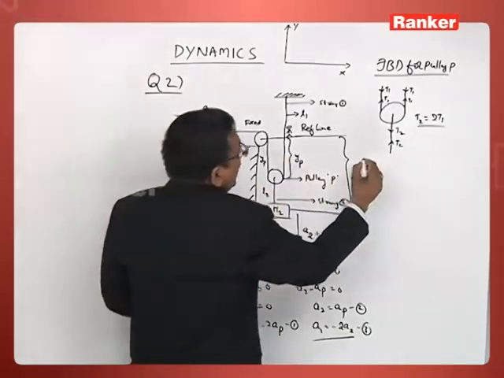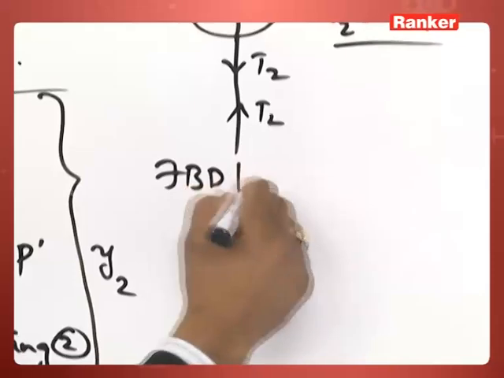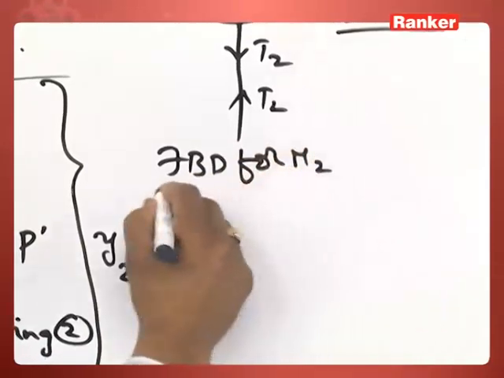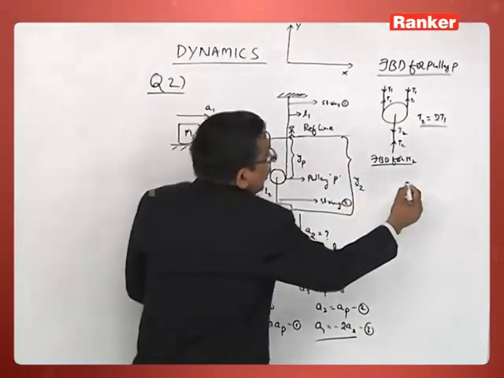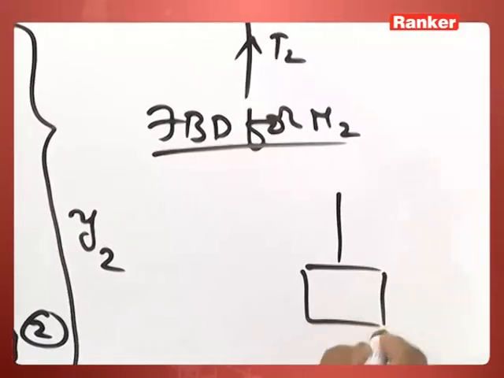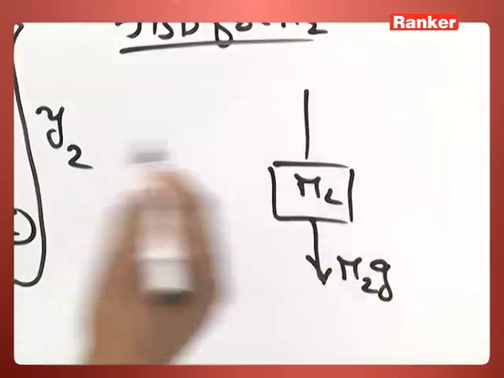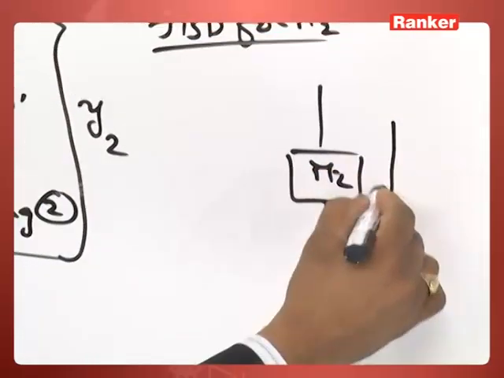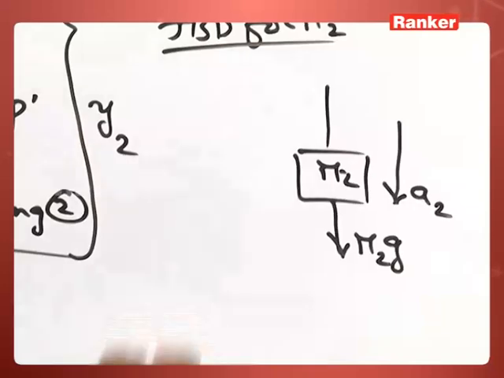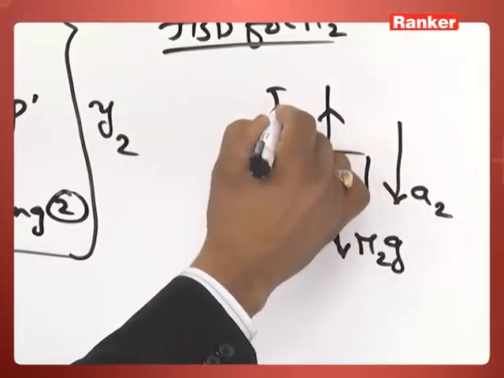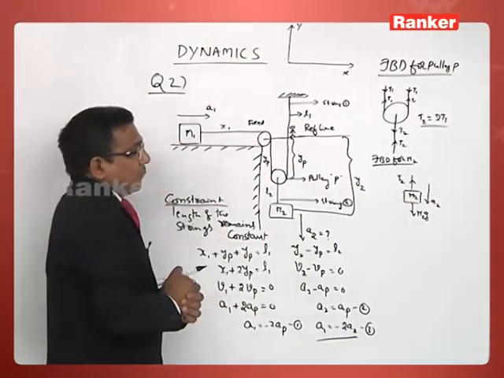Next, one more free body diagram you have to draw, the free body diagram for M2. M2 is hanging like this. This is mass M2. Its weight M2G acts downwards, as the acceleration is directed downwards, A2, and here a tension T2 is acting on M2 in the upward direction.